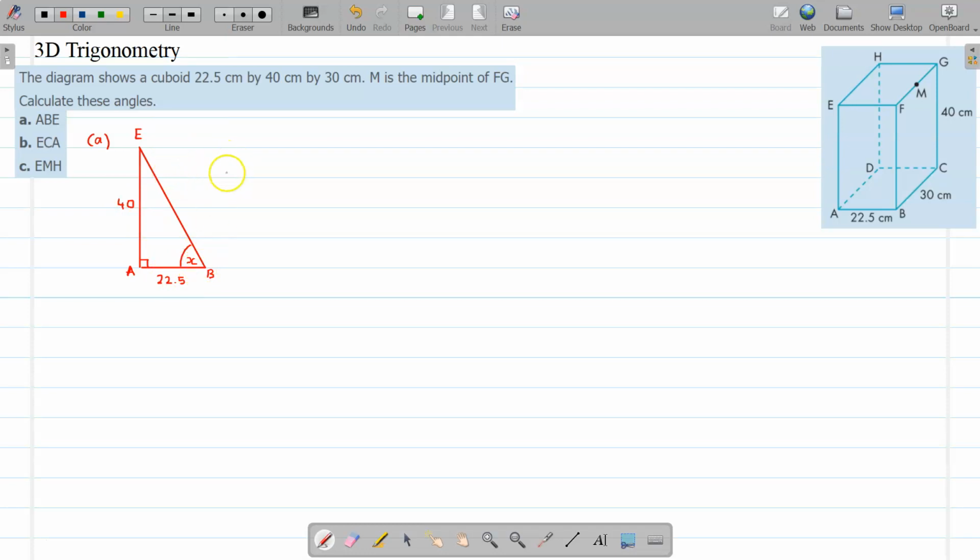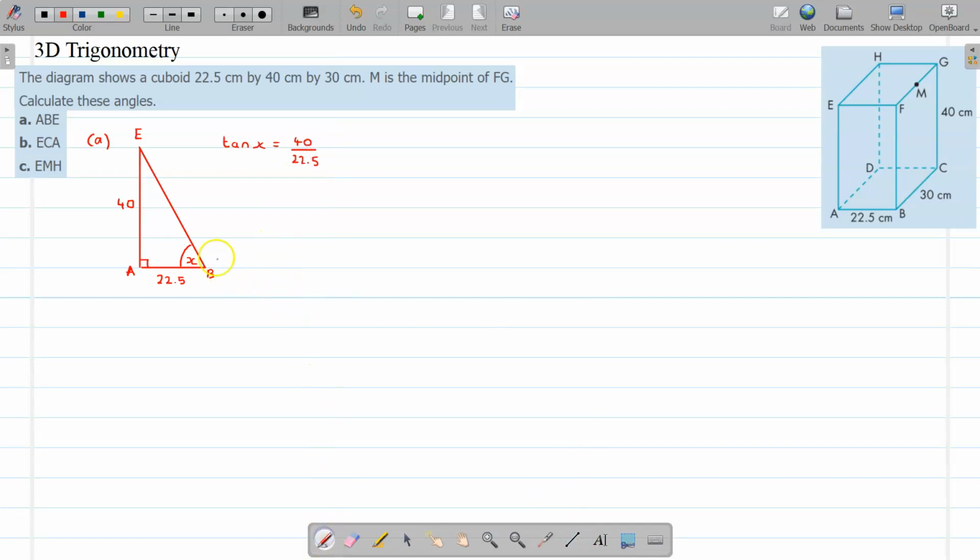So I can say that the tan of X, because it's opposite over adjacent, it's the tangent ratio. The tan of X is equal to the opposite over the adjacent, and therefore it follows that X is the inverse tangent of that.